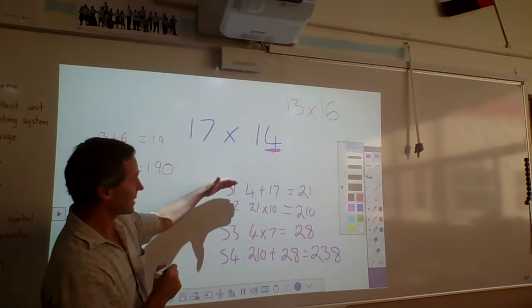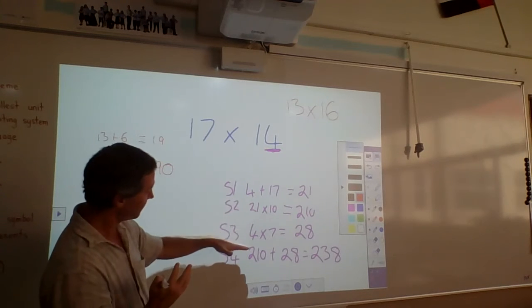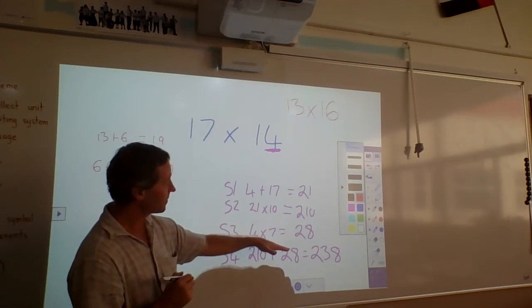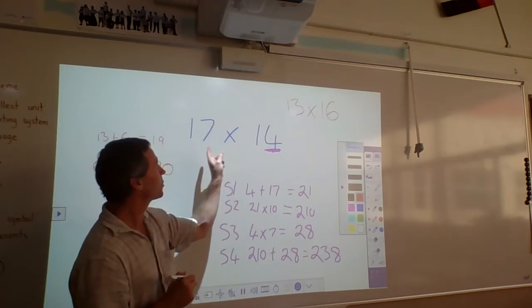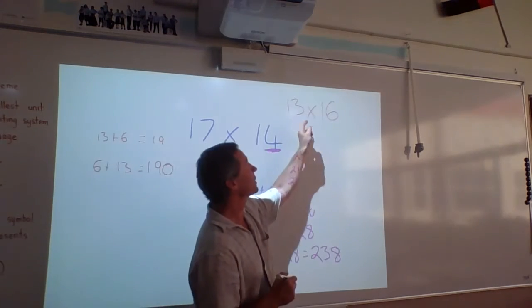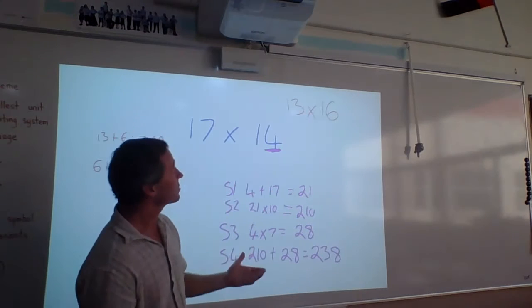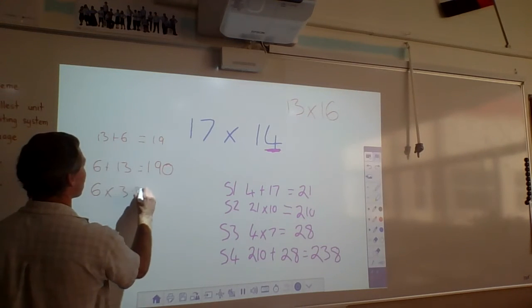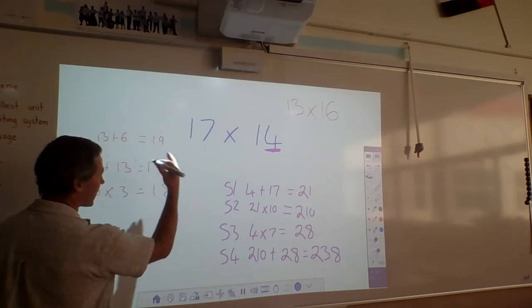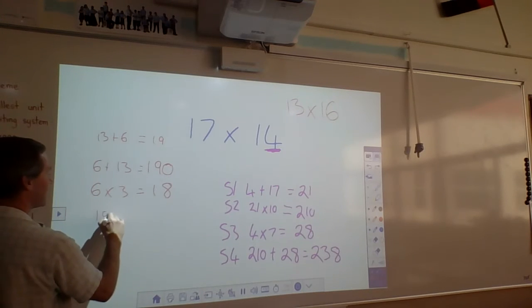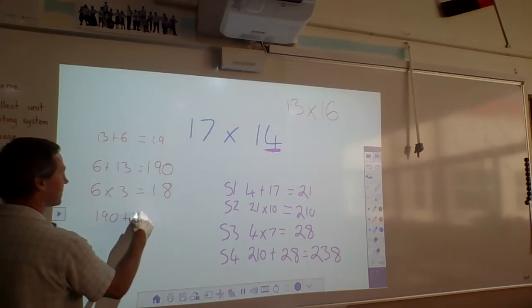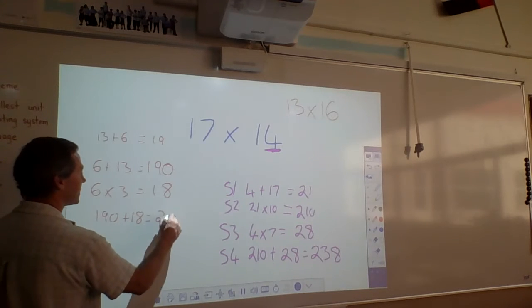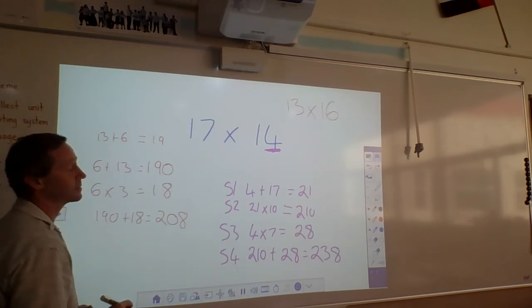Step 3, remember back here, I'm looking at the ones. So here's my ones, 3 and 6. So 6 times 3 would give me 18. If I add that together, 190 plus 18 should give me 208.